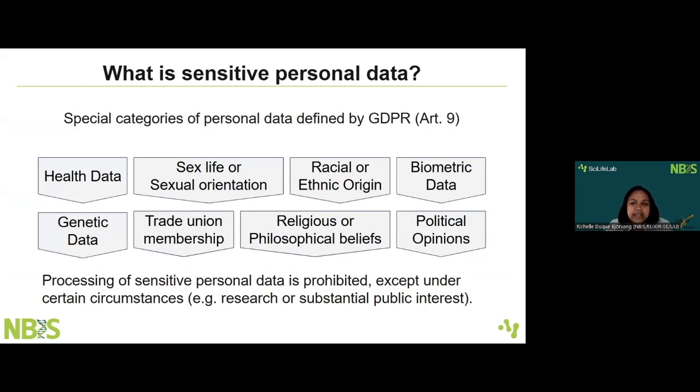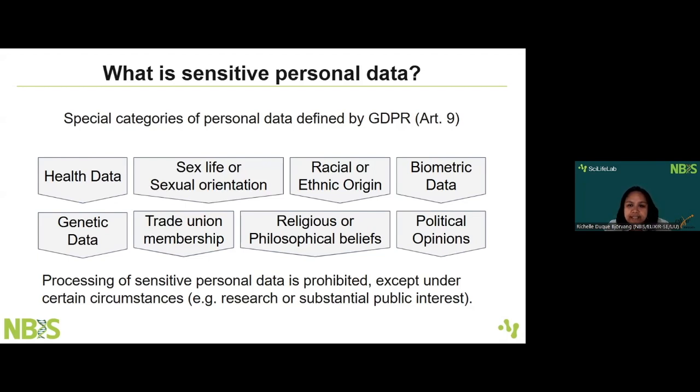So this special category of personal data includes health data, genetic data, sex life or sexual orientation, trade union membership, racial or ethnic origin, religious or philosophical beliefs, biometric data, and political opinions. These types of data require extra protection due to their potential for harm or discrimination if mishandled or disclosed without consent.